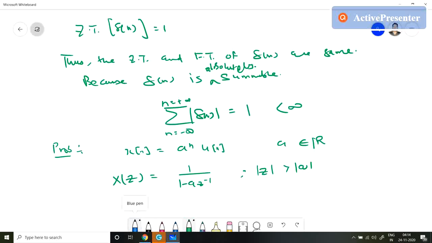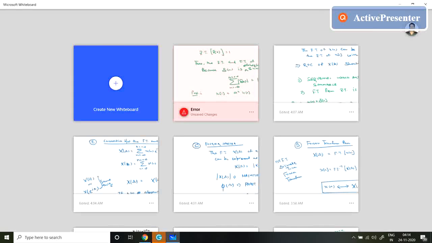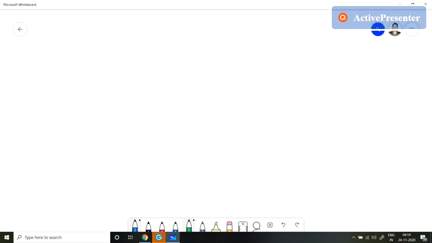Now we need to find the condition under which X(e^{jΩ}) exists.